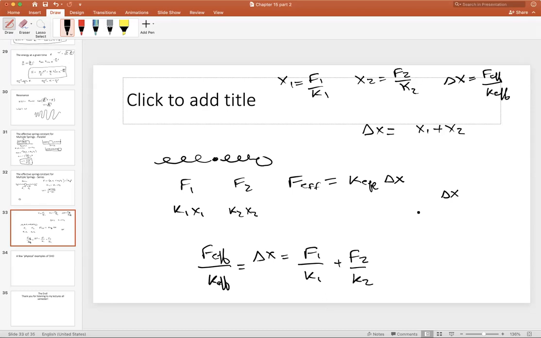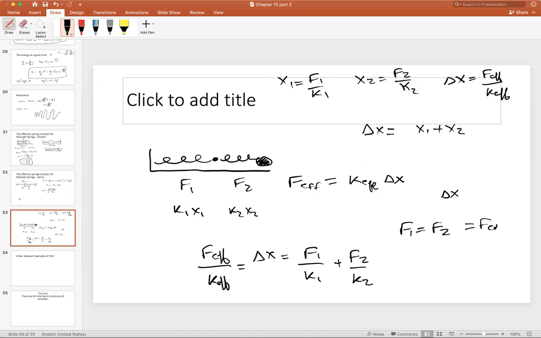And here is the one part of doing this where you have to understand something. Force 1, the force acting from this spring, and force 2, the force acting from this spring, and the force acting on the mass, all of those have to be equal. If the forces aren't equal, the springs would bunch up and weird, bad things would happen.